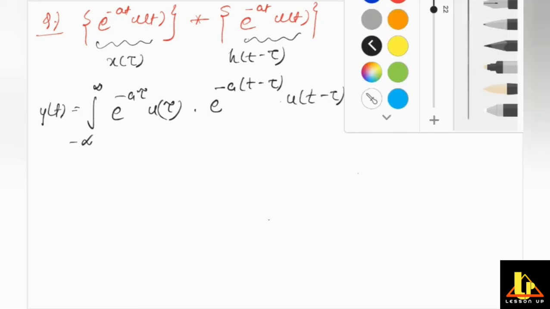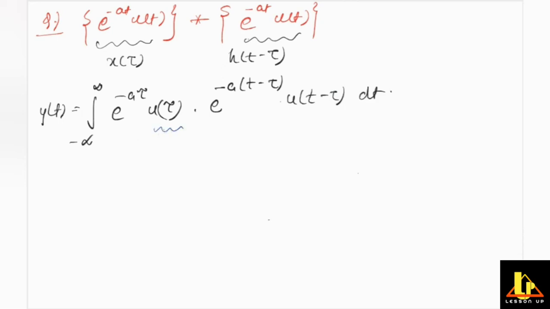So this signal will lie between tau is equal to 0 and t minus tau is equal to 0, so tau is equal to t. So the signal will lie between, we can change the limit from 0 to t, e to power minus a tau into e to power minus a into t minus tau d tau. Sorry, this will be d tau.